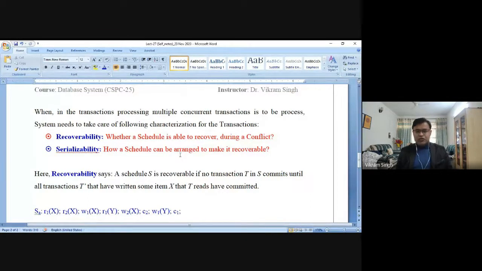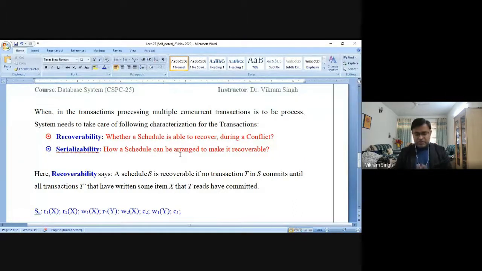So there are two broad approaches which we have said, recovery and rollback, right? Based on these two characteristics, you can identify where to apply recovery, where to apply rollback, right? So based on that, you can use the algorithm.